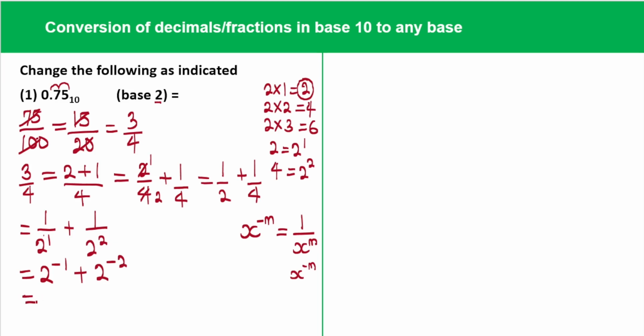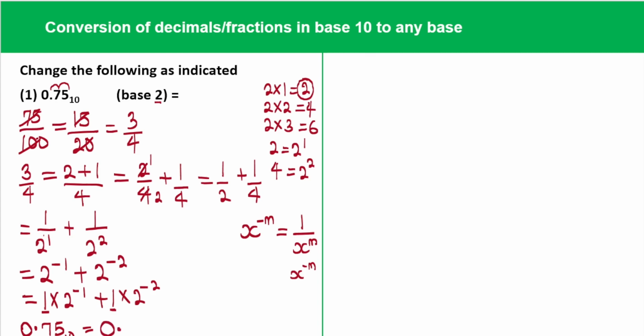Now, this expression is the same as 1 times 2 to the power of minus 1 plus 1 times 2 to the power of minus 2. Now, these whole number digits form the answer for the decimal part. Therefore, 0.75 base 10 is equal to the whole number part is 0. So 0 base 10 is the same as 0 in base 2.